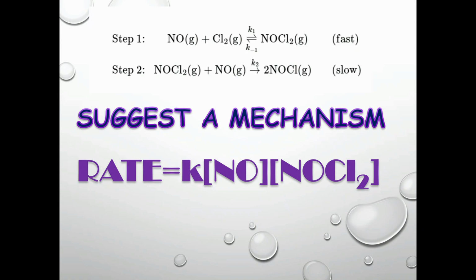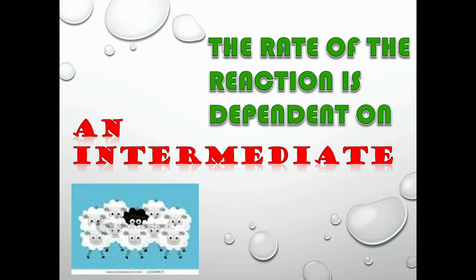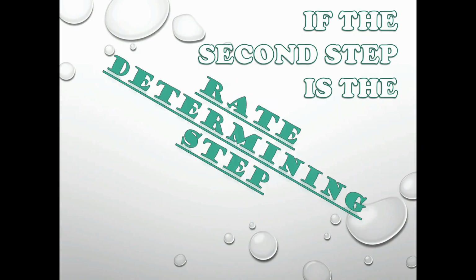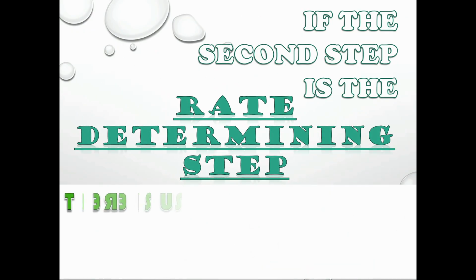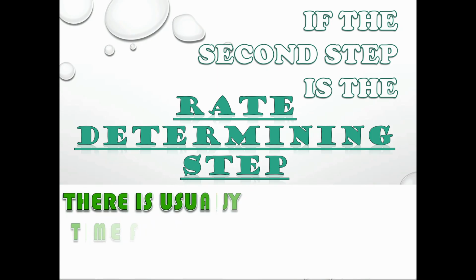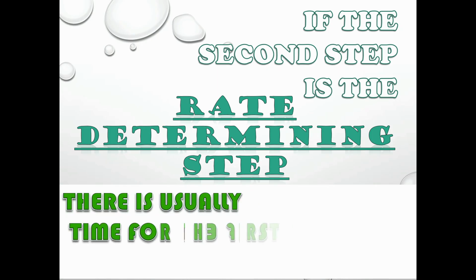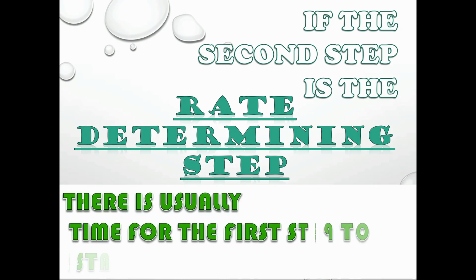So I have to make some assumptions. Because the rate of the reaction is not dependent on an intermediate. It cannot be dependent on an intermediate. And so the one I have can't be right. So if the second step is the rate determining step, I'm going to say that there's time for the first step to reach equilibrium.